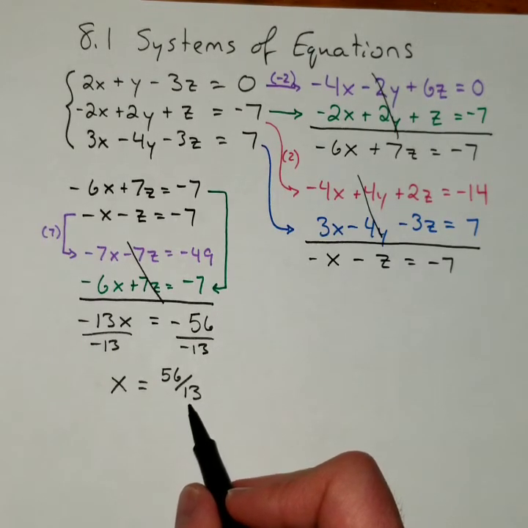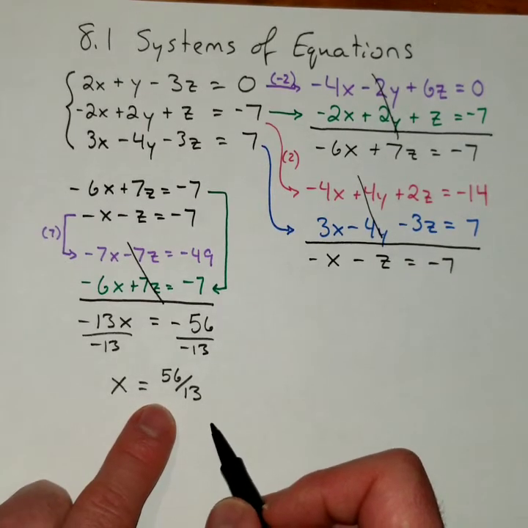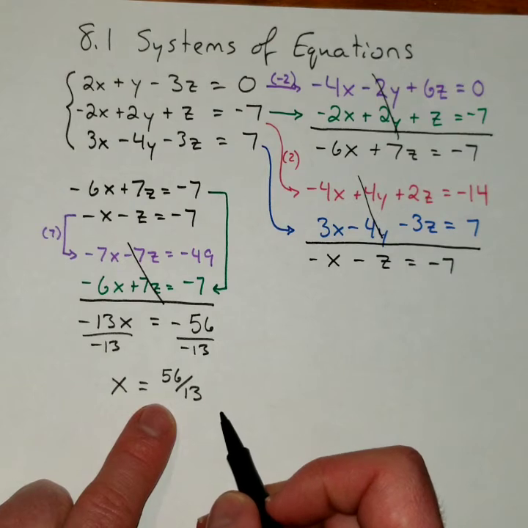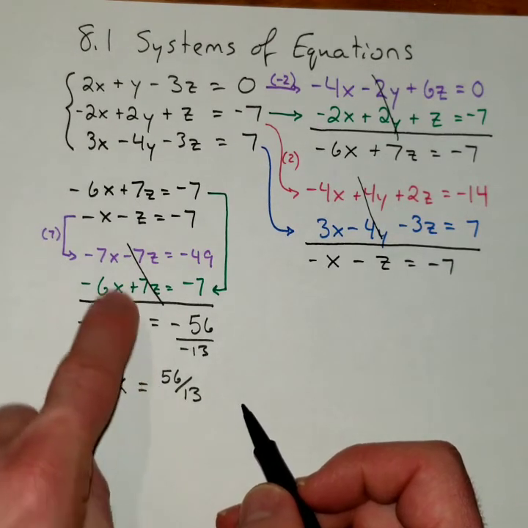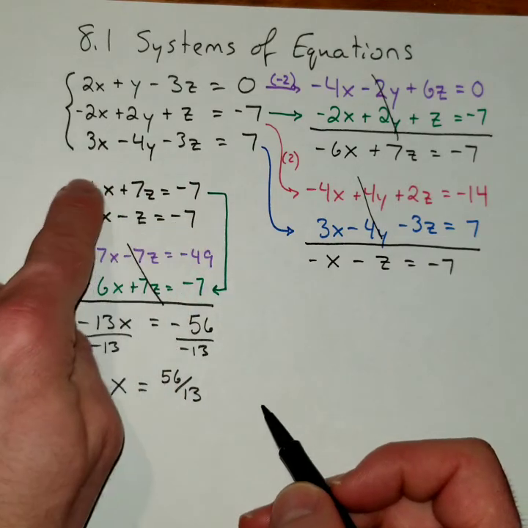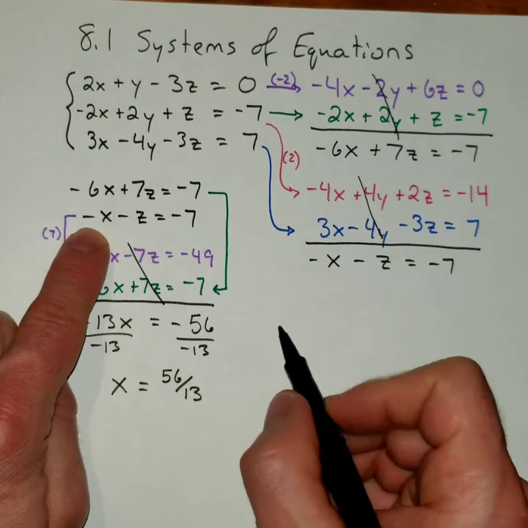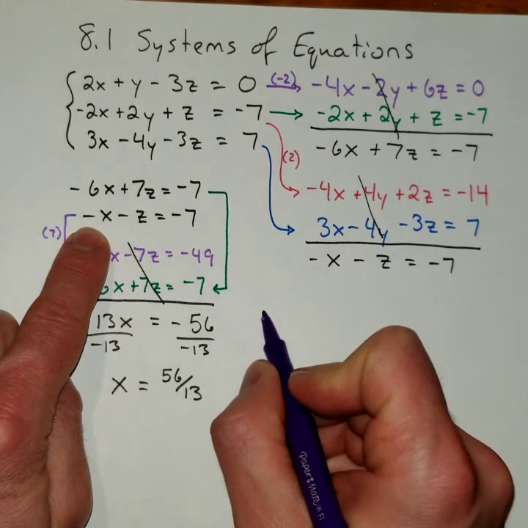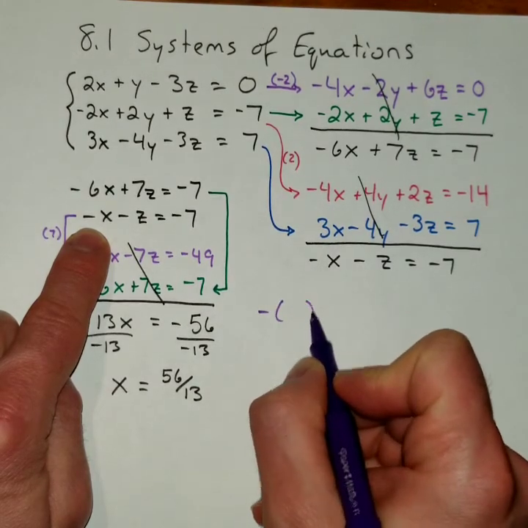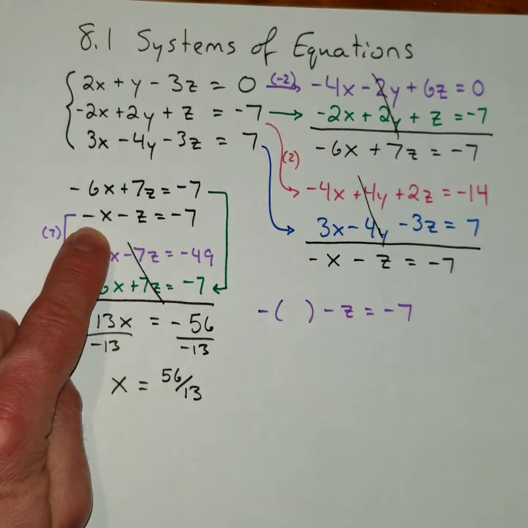Now I've got to find the z value. And of course, that's not real easy to work with, but I'm going to back substitute gradually, one step at a time. So 56/13 goes into one of these two equations. I'll obviously pick the bottom one because it's got nicer numbers. Let's do negative of that fraction minus z equals negative 7.